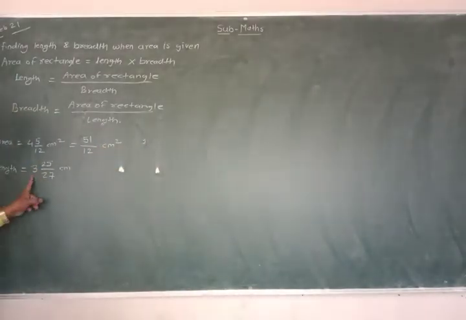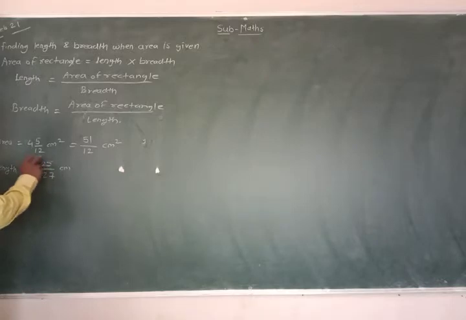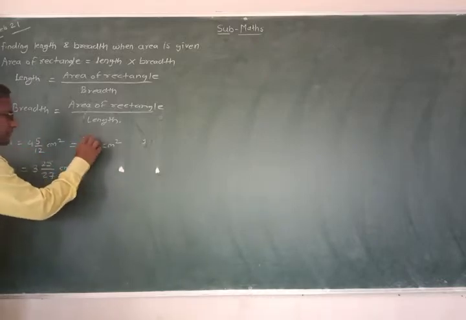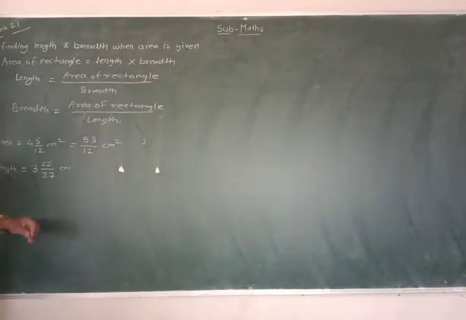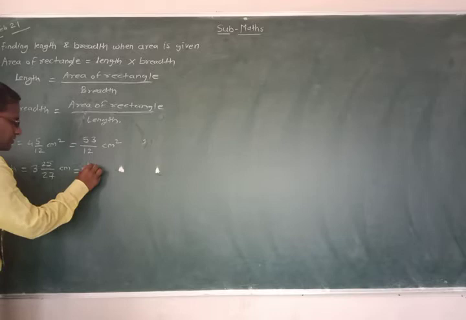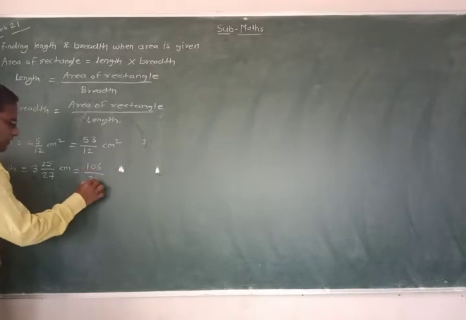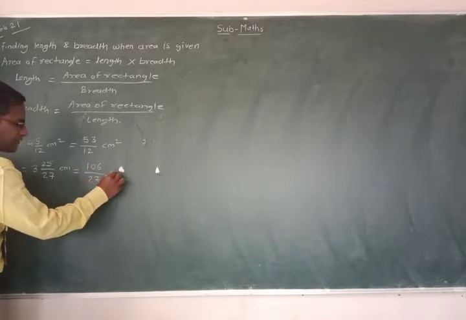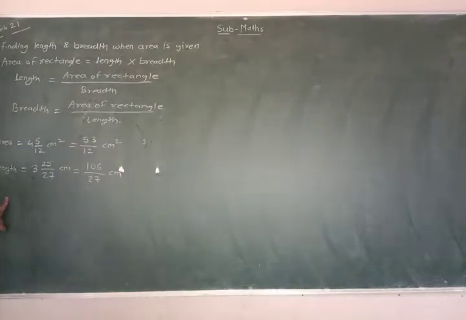Then 27 3s are 81, 81 plus 25, 106 upon 27 centimeter.